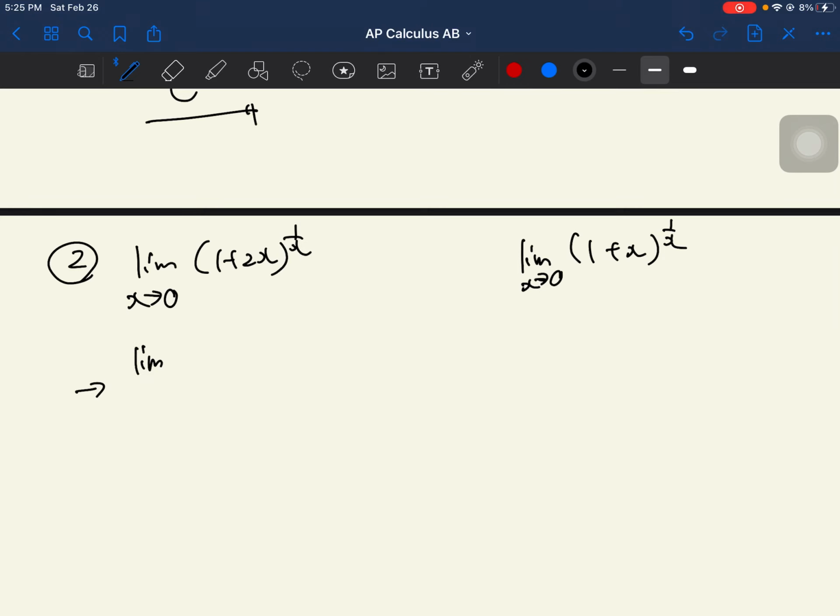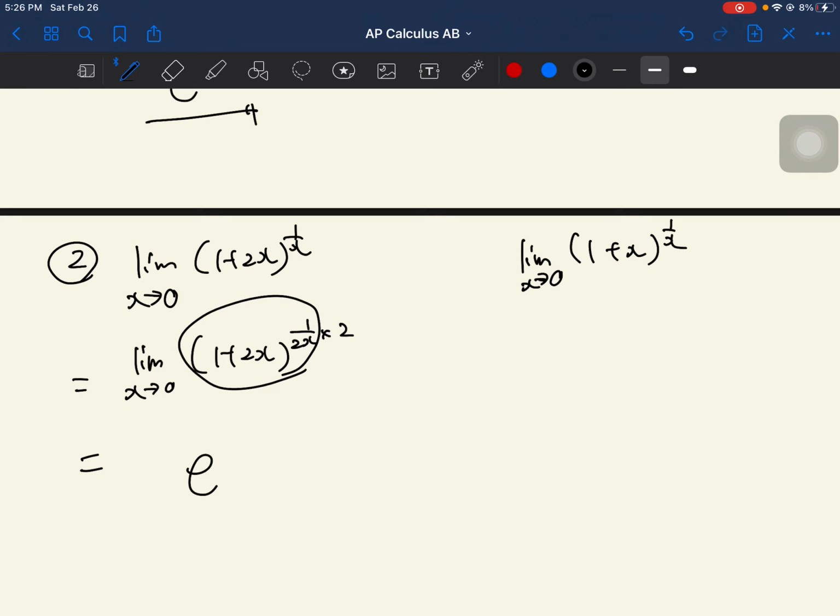So let's change it a little bit: (1 plus 2x) to the power of 1 over 2x times 2. Then it can cancel, and it's going to be 1 over x, but the value is the same. Again, this is going to be e, so this one is e squared.